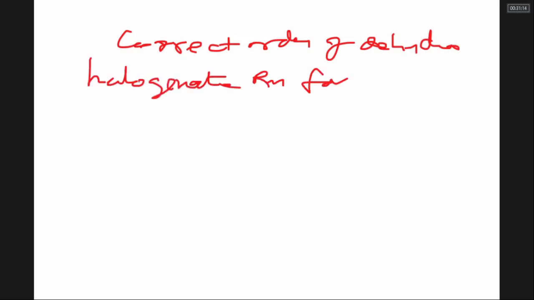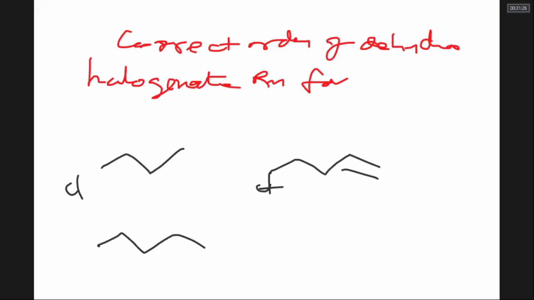They gave 4 molecules. In these 4 molecules, 1, 2... This is, let me write carefully, Cl.